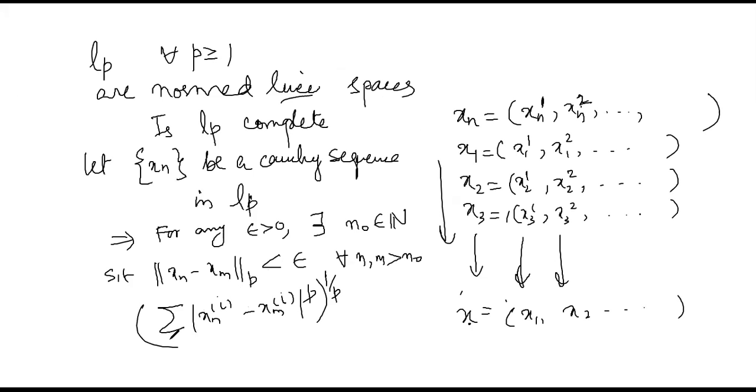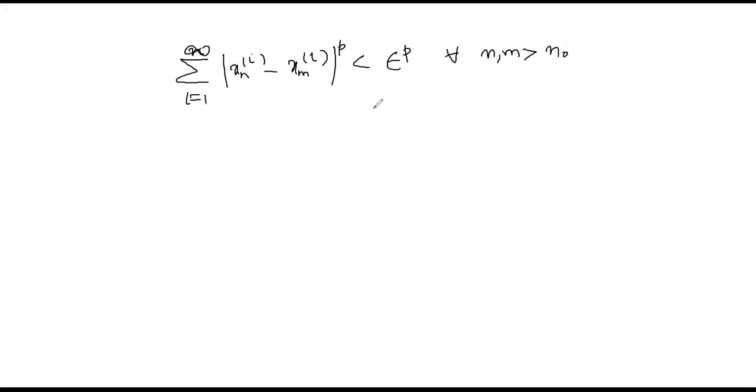Now this whole thing, i runs from 1 to infinity, is less than epsilon for all n, m greater than n naught. Now raising both sides to the power p would imply that the summation, i runs from 1 to infinity, of |x_ni minus x_mi| raised to the power p is less than epsilon raised to the power p for all n, m bigger than n naught.